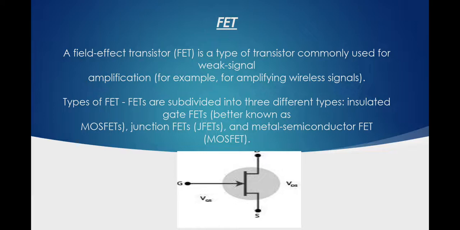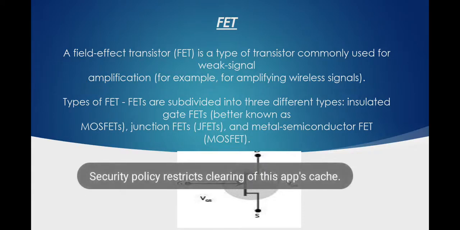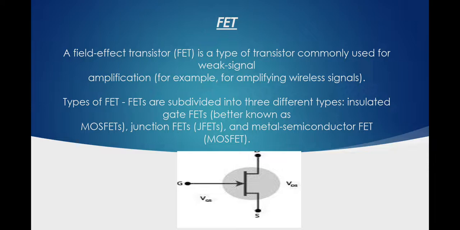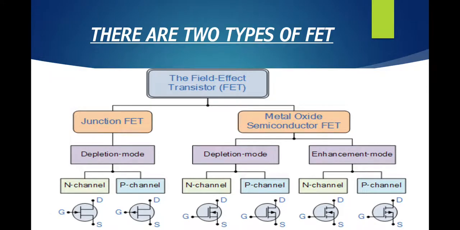Types of FET: FETs are divided into three types: insulated gate FET, better known as MOSFET, junction FET, and metal semiconductor FET. We will discuss these three subtypes of FET one by one.